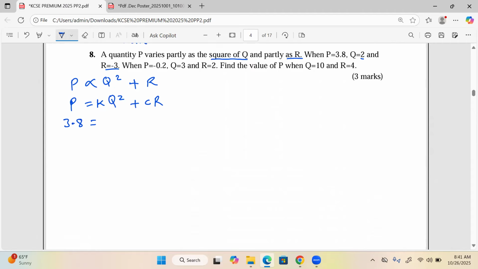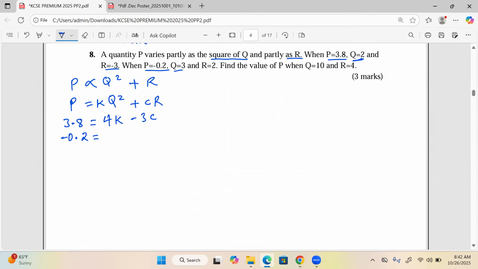The square of Q like that, yeah. So 3.8, that is the value of P. Then square of Q. You know Q is 2. So squaring Q makes it 4. Okay. R is -3. So -3 multiplied by C. That is the first equation. The second equation should be P is -0.2.